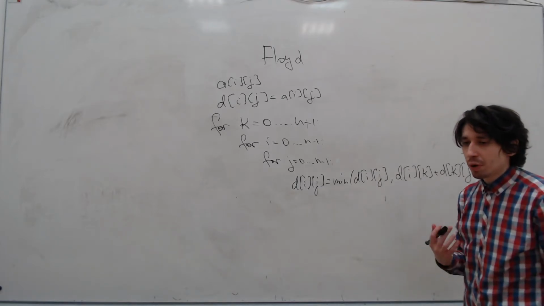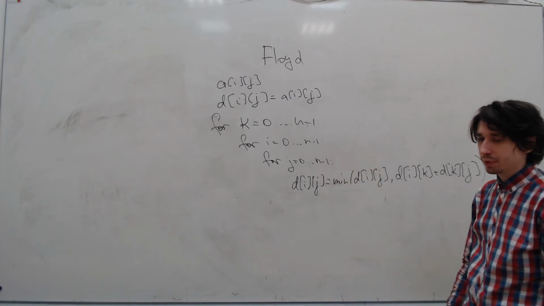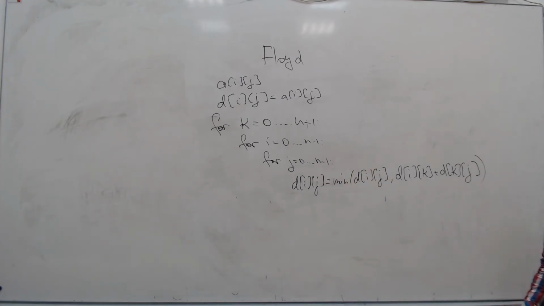The question you probably want to ask is why k is in the outer loop. As we saw with different dynamic programming algorithms previously, for example, we split at the middle and iterated over i, j and then k. Here the idea is the following.